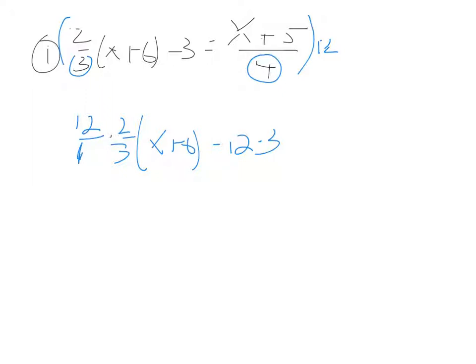I've got to do the 12 times each of these things. I just screwed up in writing that, so I'm going to undo that. That's what I was looking for. So we've got to multiply 12 by each of those things. And then we have 12 over 1 times (x plus 5) over 4.